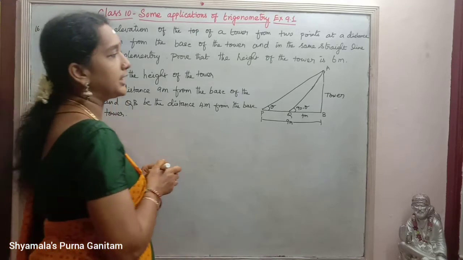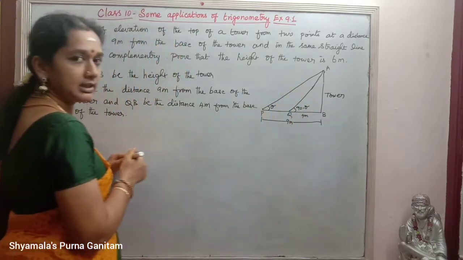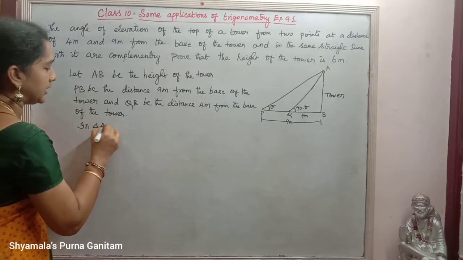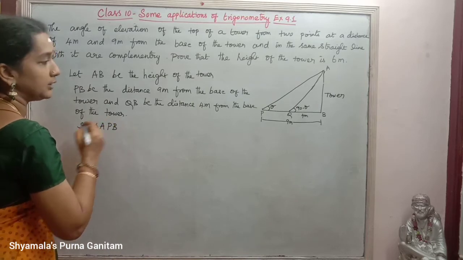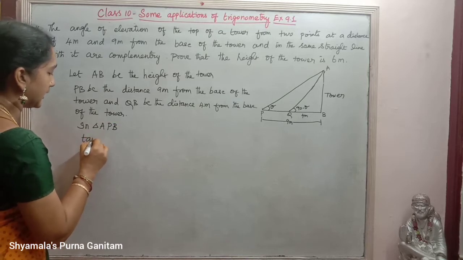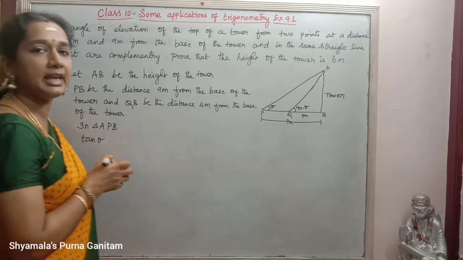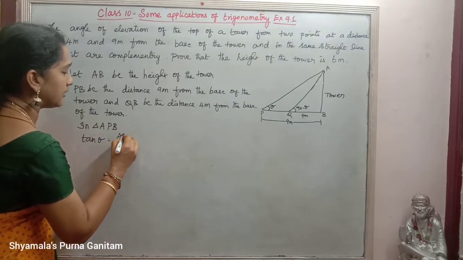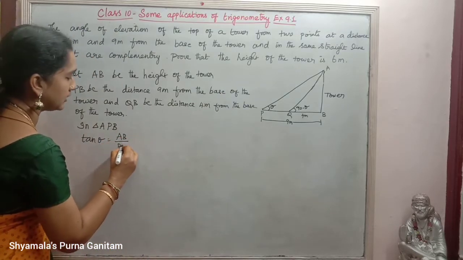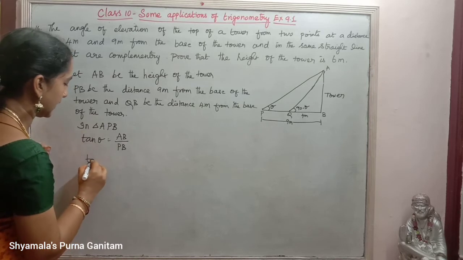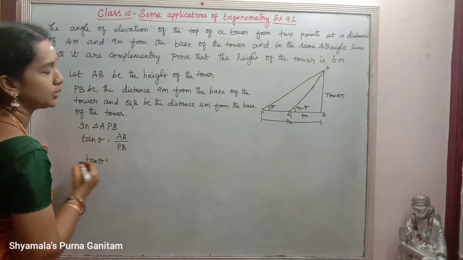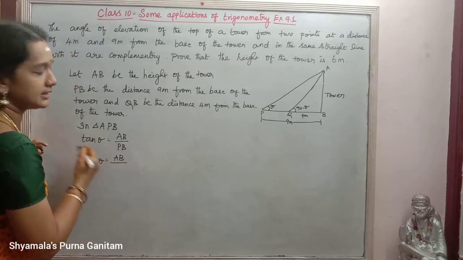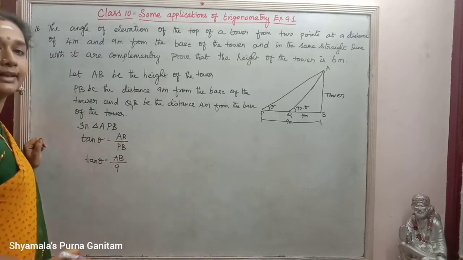Okay, so now we will get two triangles. In triangle APB, tan theta is equal to AB by PB. So tan theta is equal to AB, the height of the tower, by PB distance. We know that it is 9.